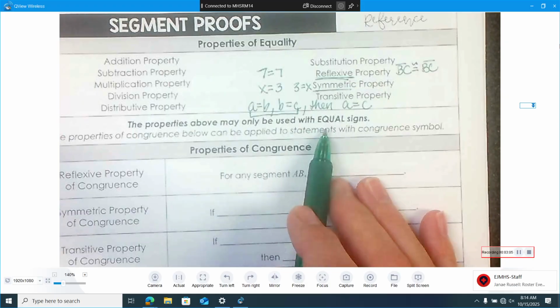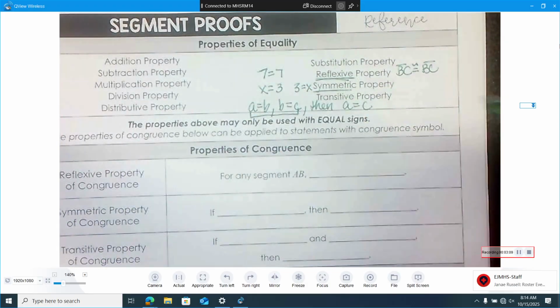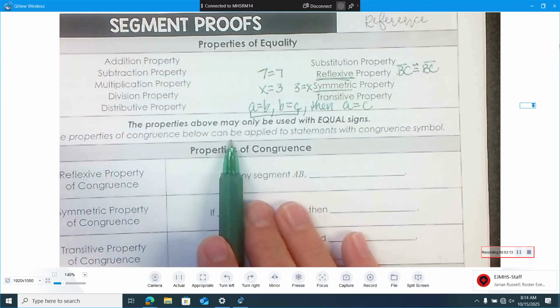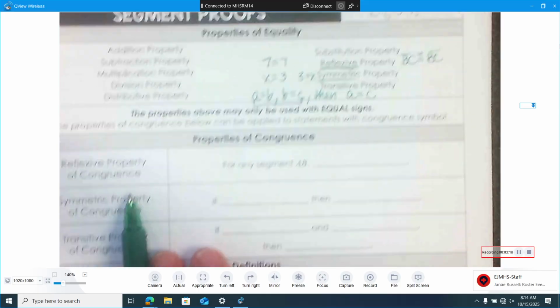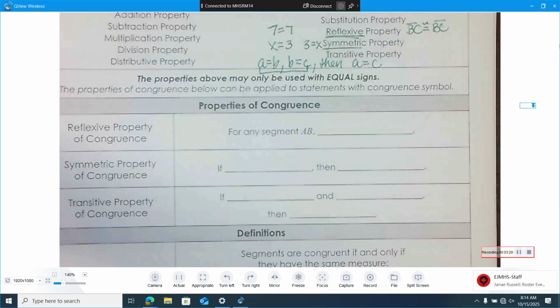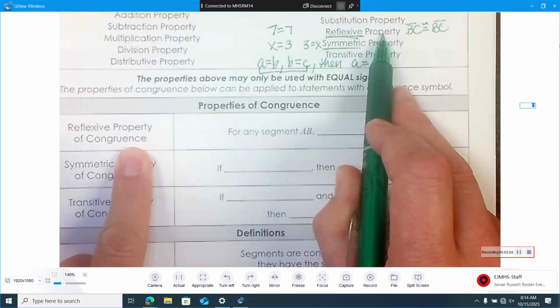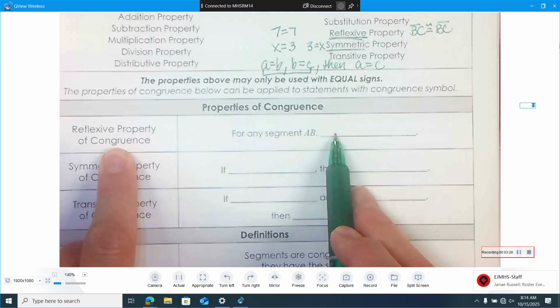Okay, so all of those properties can only be used with equal signs. That makes sense if it's called the property of equality. But we do have some properties of congruence that can be applied with the congruence symbol. So the reflexive property of congruence: this is the property of equality, but the same is true if we have congruent things.